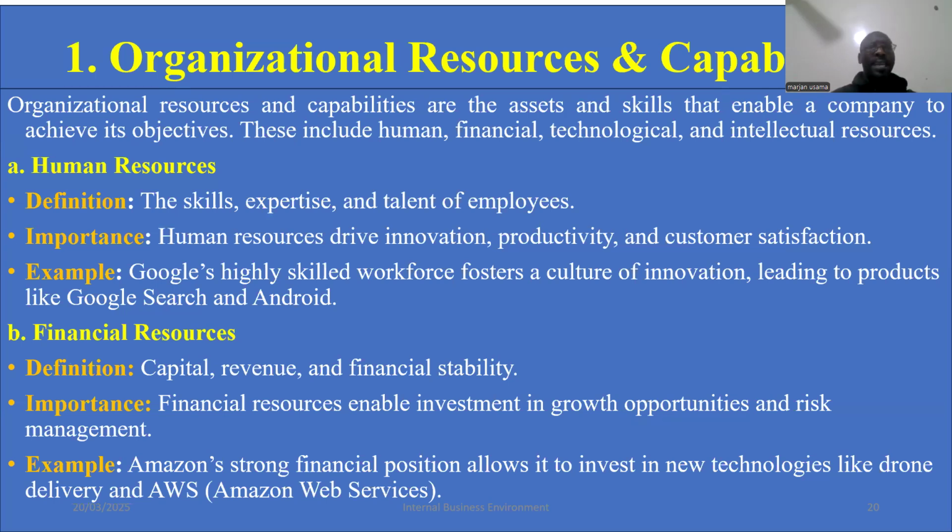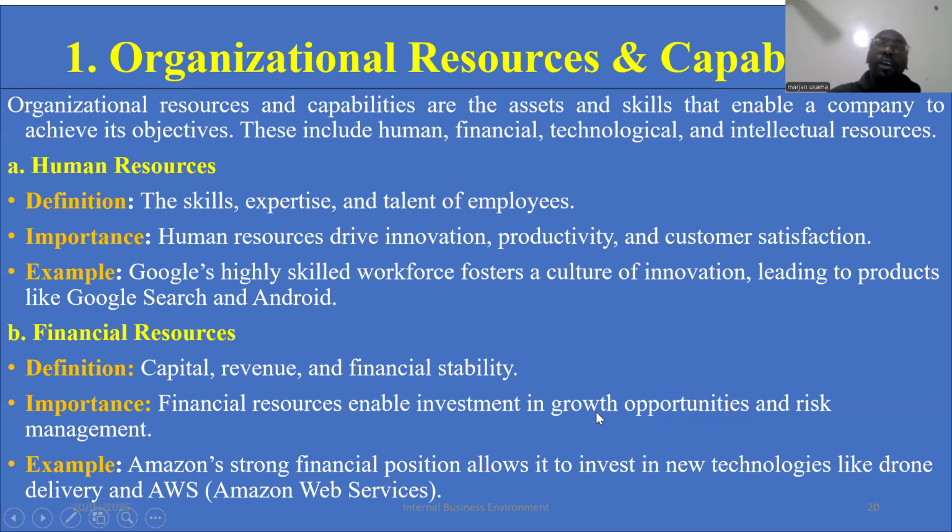Number two, money, financial resources. Al-mawarid al-maliya. Every organization needs money, so we have to analyze whether we have enough money or not. These are the capital, revenue, and financial stability. Are we stable? Can we operate in the next 2 months, 4 months, 1 year, 2 years? The importance of this is that financial resources enable investment.